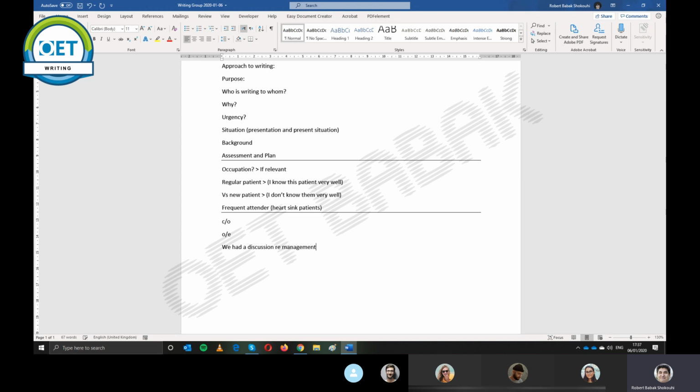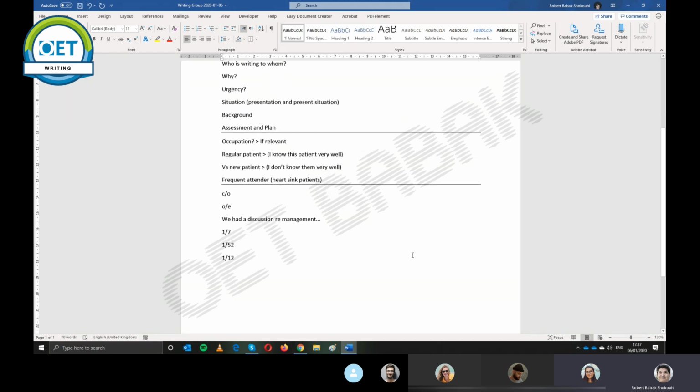So this is actually one of the quite common abbreviations. Yes, that means with reference to or about. And you know, one day, one week, one month, and all of those.